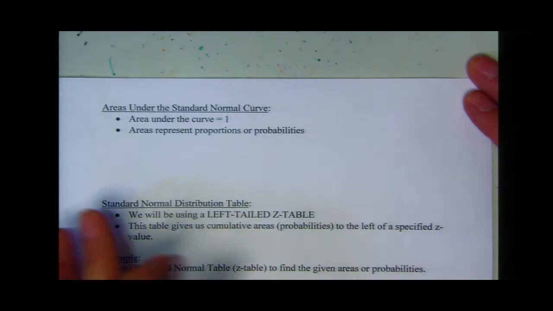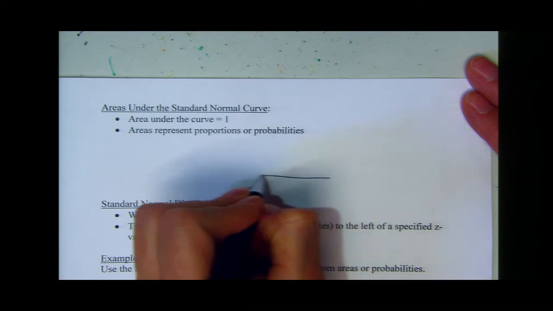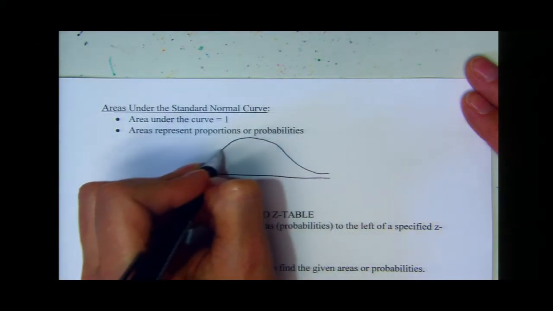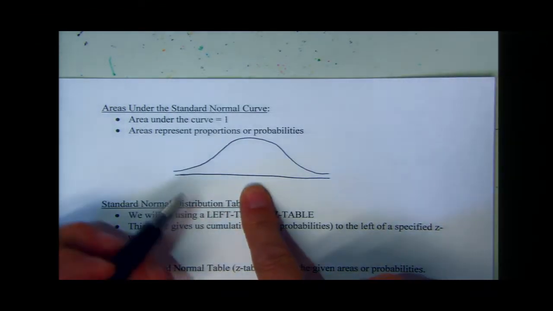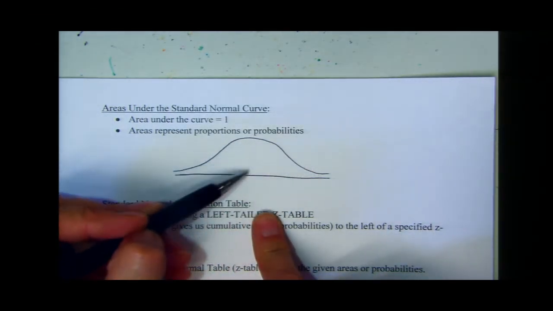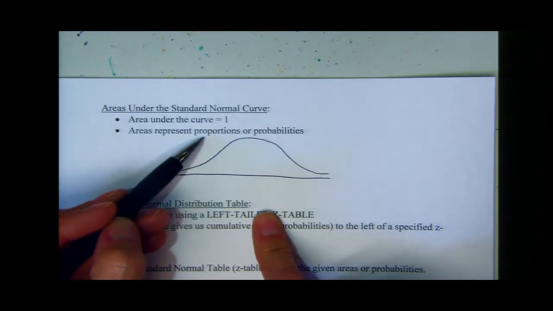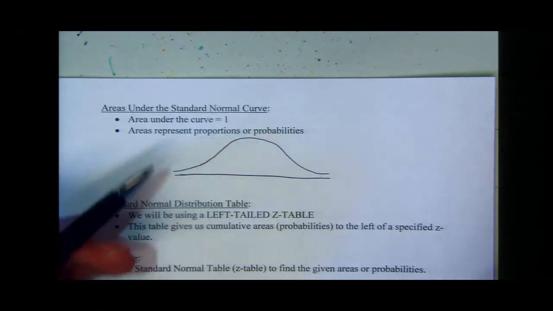All right, so we've been looking a lot at normal curves and their probabilities. And we know that the area under this curve is 1, and that these represent proportions, which is the same thing as a percentage or area or probabilities.